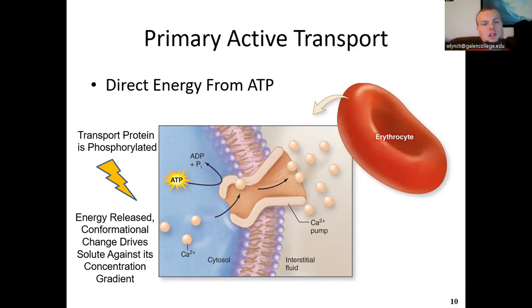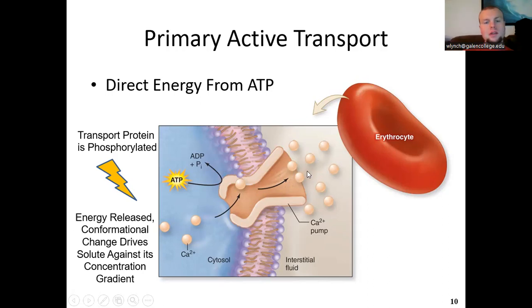That ATP is phosphorylated, which means that the third phosphate is cleaved off. And once it is cleaved off, it releases energy. That phosphate bond, broken, releases enough energy to where we can have a conformational change. And once that conformational change happens on the channel, we can bind to and move calcium to the outside of the cell.